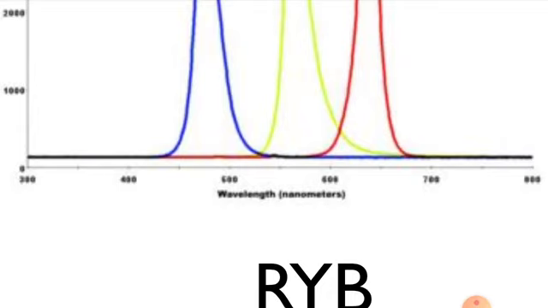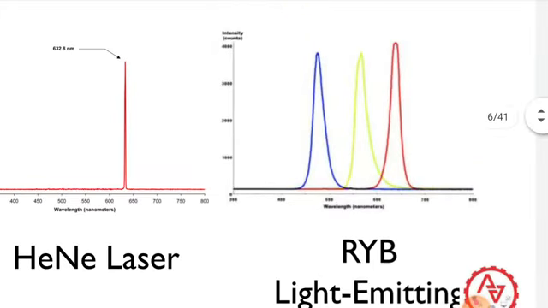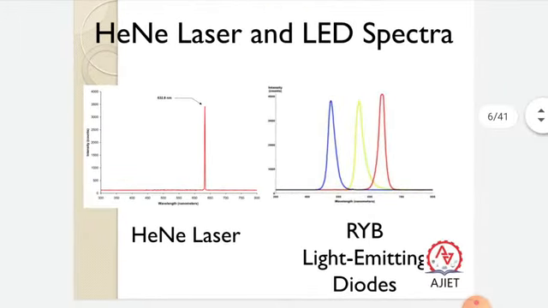And the blue LED starts at 450 nanometer and reaches 525 nanometer. So this is the difference between normal LED light and laser light. The line width is very small in the case of laser, whereas the line width is very large in the case of LED light.